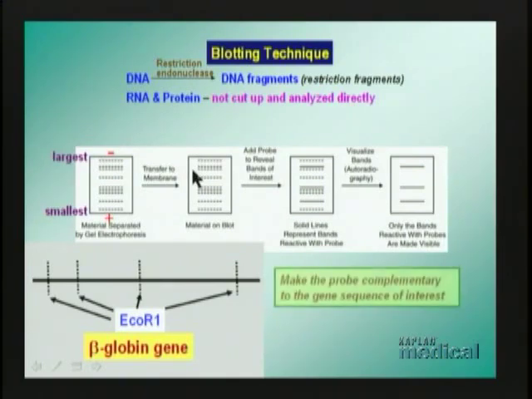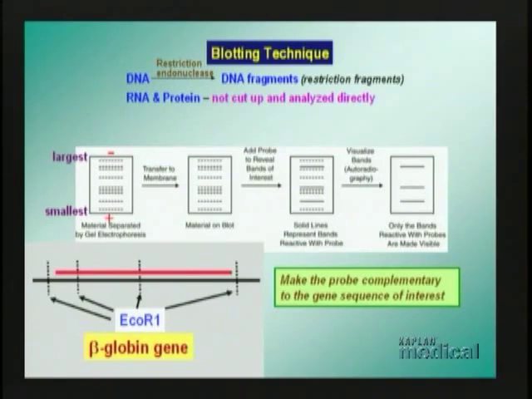Well, what's done is to make a probe, a DNA probe, that's complementary to the gene of interest. What's the gene of interest here? It's the beta globin gene. So we know what the sequence of the beta globin gene is, and we can make a probe that's complementary to the beta globin gene. I'm going to illustrate the probe as shown here by the red horizontal line.